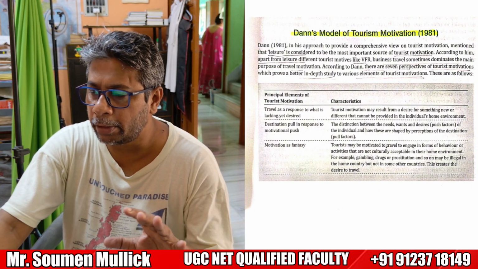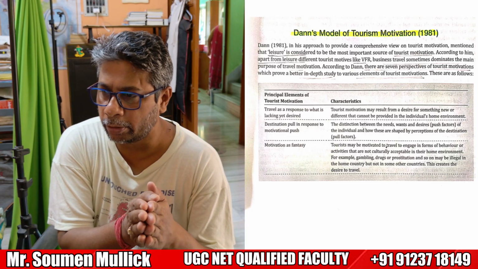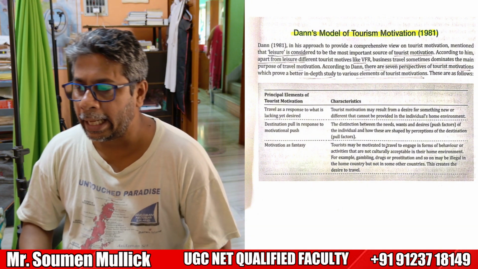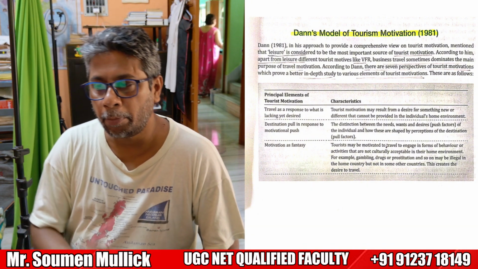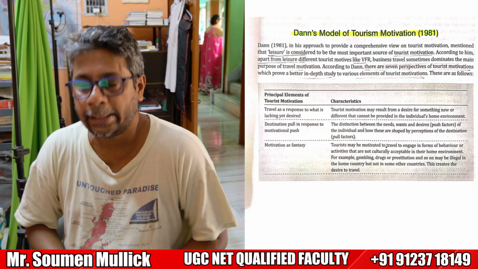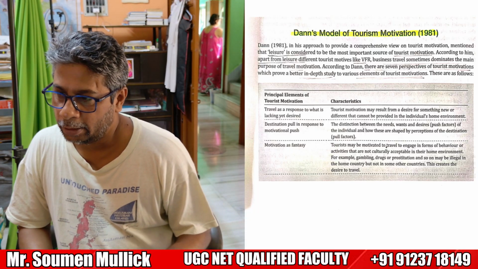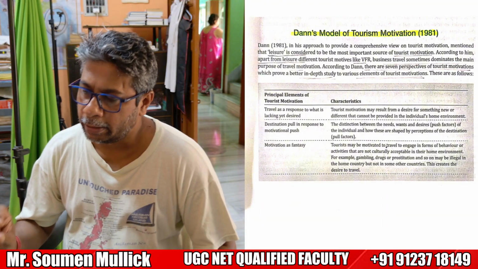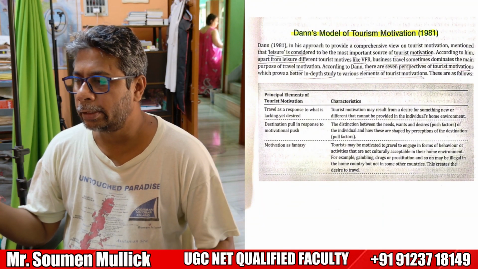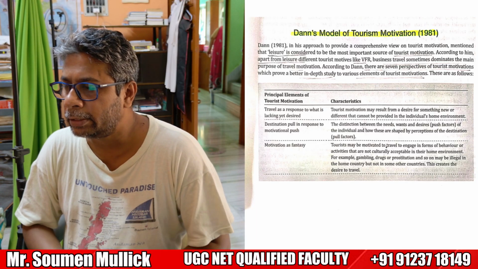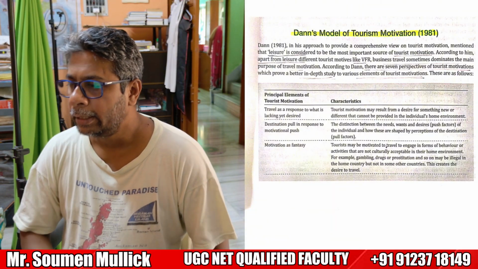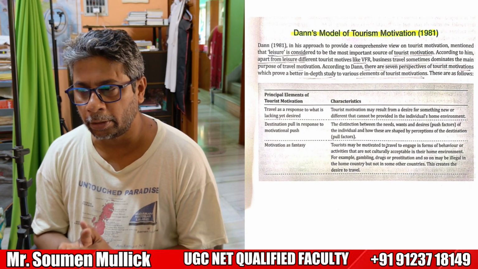So, the principal element of tourist motivation, according to Dunn, is travel as a response to what is lacking, a desire. This is very important. Travel as a response to what is lacking, a desire. What we have lacked. The tourist motivation may result from a desire for something new or different that cannot be provided in the individual's home environment.